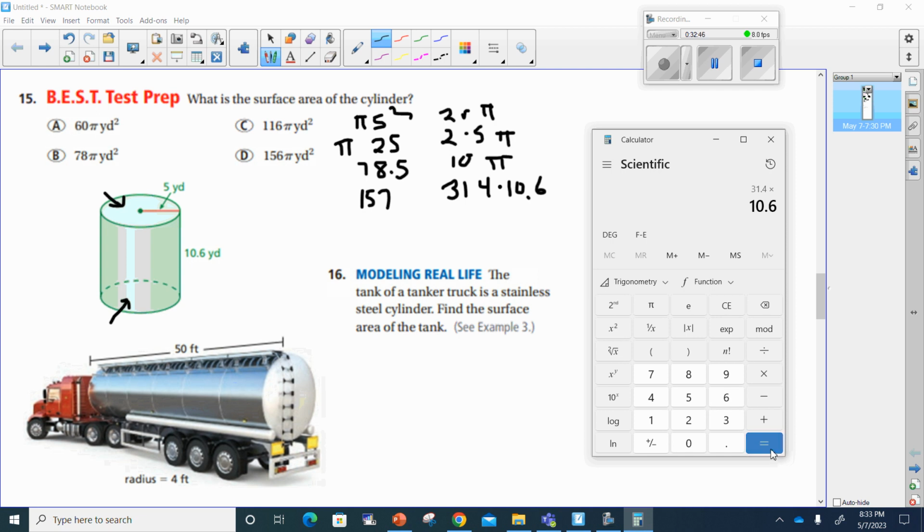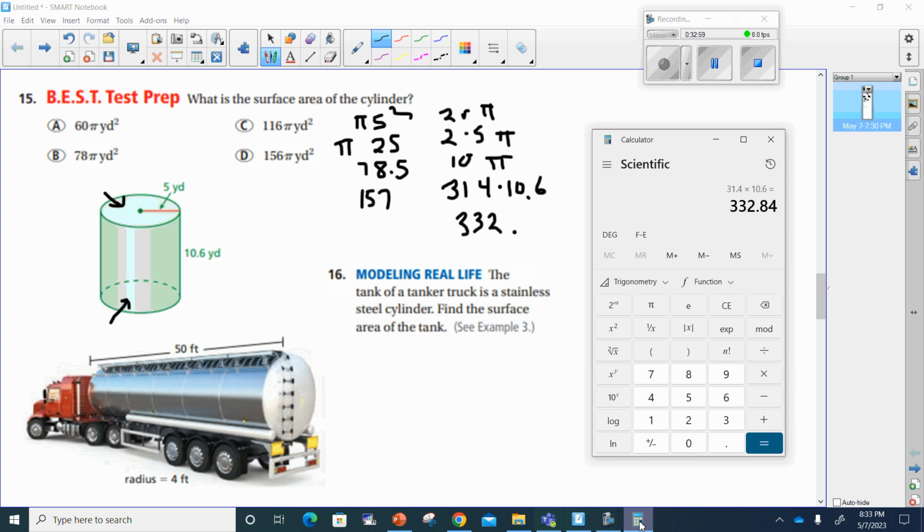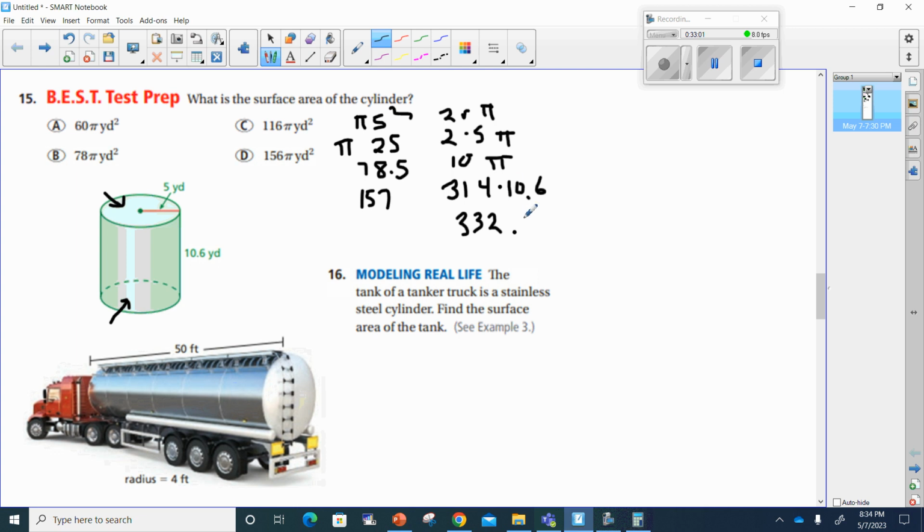And that's going to give us 332.84. 332 point, is that 84? 332.84, yep. All right, I forgot to put the decimal there, sorry about that.